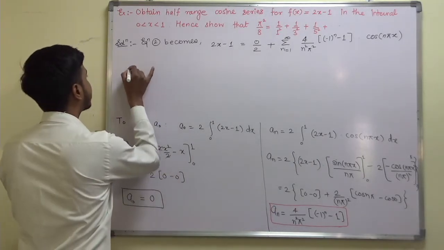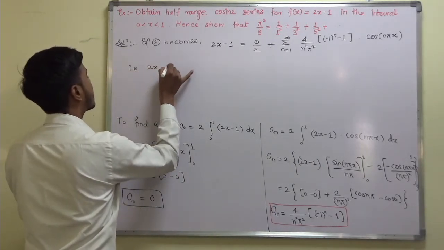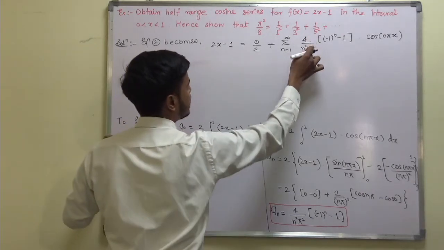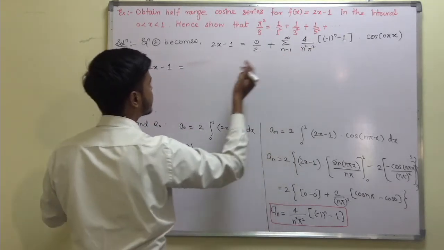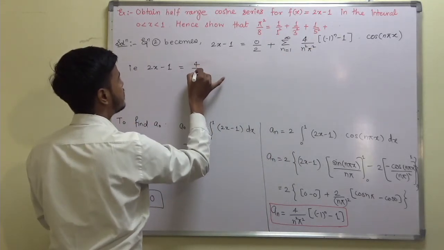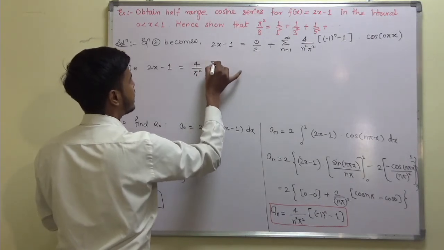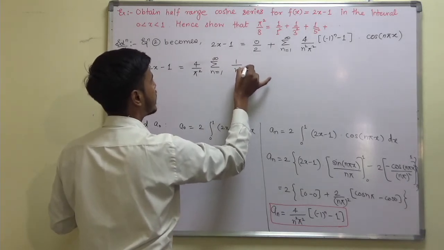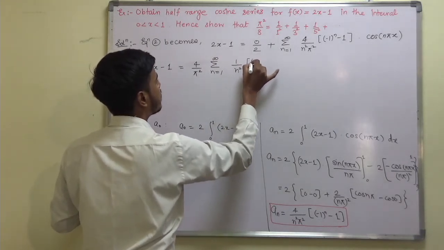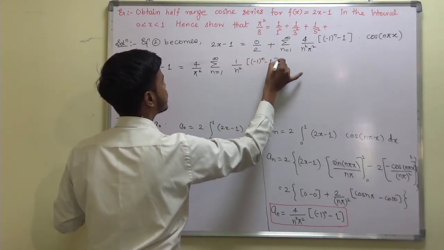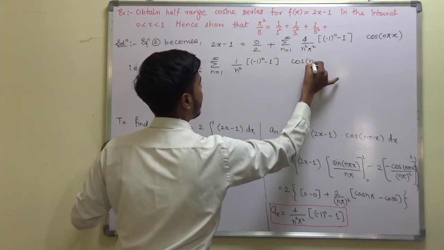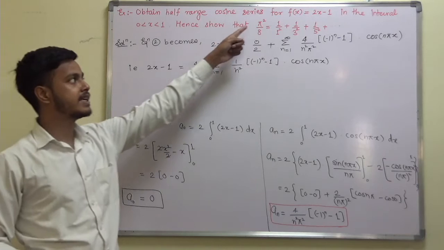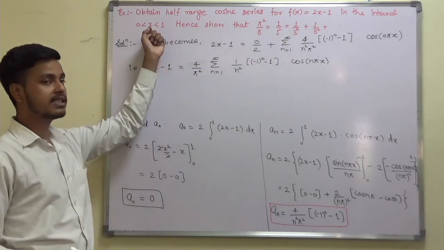So you can write 2x minus 1 is equal to 0 plus 4 by pi square into the summation from n equals 1 to infinity of 1 by n square into minus 1 to the power n minus 1 into cos n pi x, and this is the required half range cosine series for 2x minus 1 in the given interval.